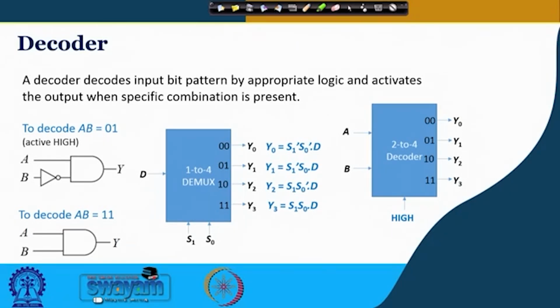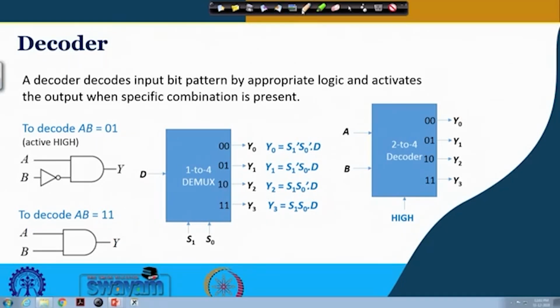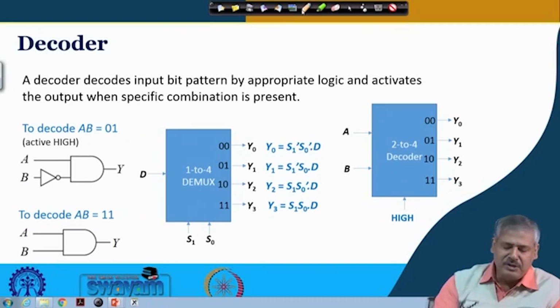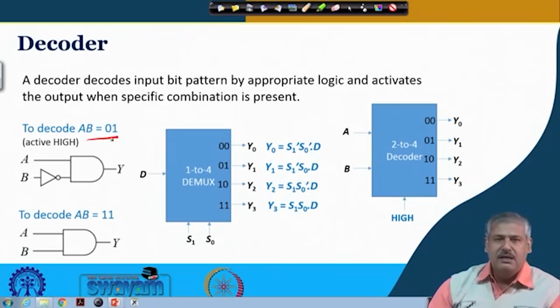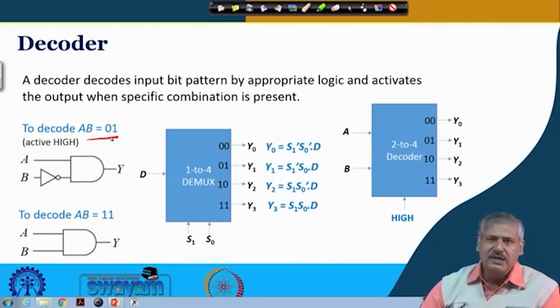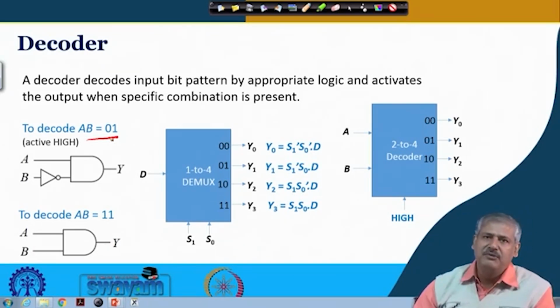So this decoder is a circuit where the input bit pattern is identified by an appropriate logic and the output will be accordingly activated. So if you want to decode, say, AB, that is 2 bits that are presented, whether A is 0 and B is 1, such a situation has arisen or not, okay, then how do we find it out?